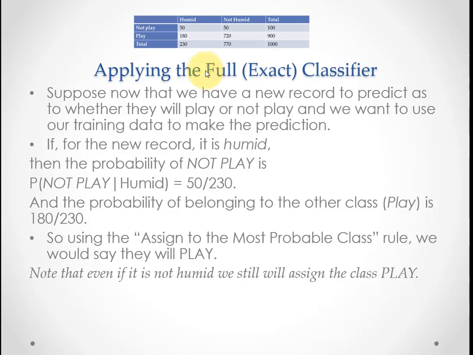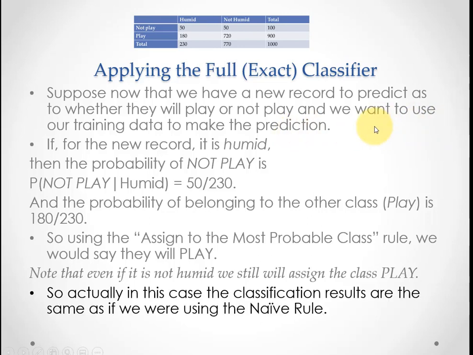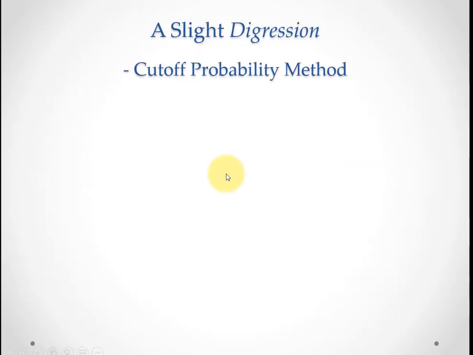So the complete Bayes gives exactly the same prediction as the naive rule, or 0R. So actually in this case, the classification results are the same as if we were using the naive rule. So that was an example of using the complete Bayes, but on a very simplified data set.